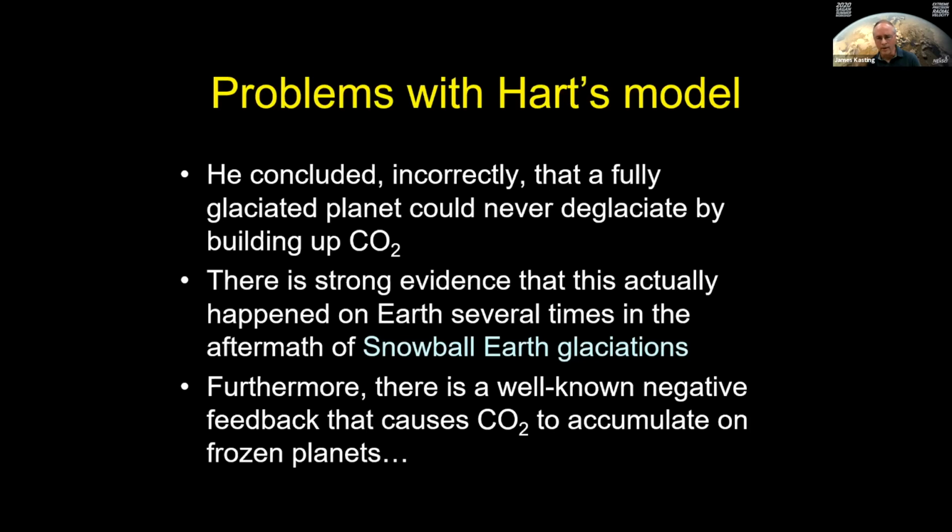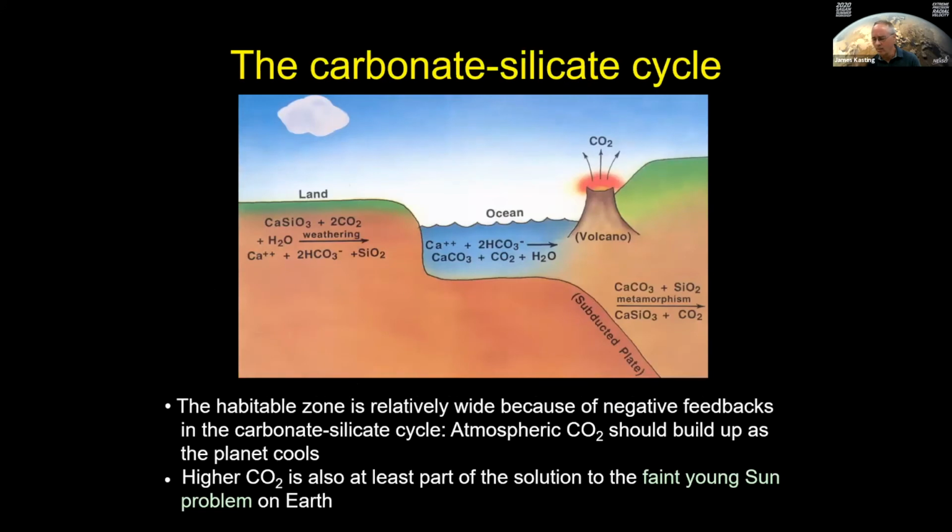And second of all, there is this negative feedback mechanism, which Leslie Rogers described pretty well in the earlier session today. I'll describe it myself with the help of this slide. Leslie mentioned the carbonate-silicate cycle, and that's what's shown here. It's part of the carbon cycle, and the carbon cycle confuses people because it's actually more than one cycle.